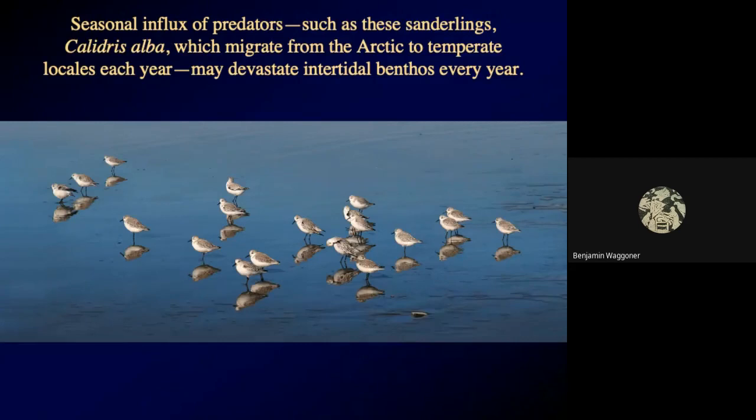Seasonal influx of predators can affect the benthos. These are migratory birds related to sandpipers called sanderlings. They may migrate from the Arctic to temperate locales each year. And when a migrating herd of sanderlings is in town, the intertidal benthos is going to get pretty severely eaten.